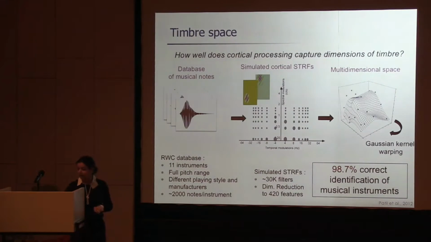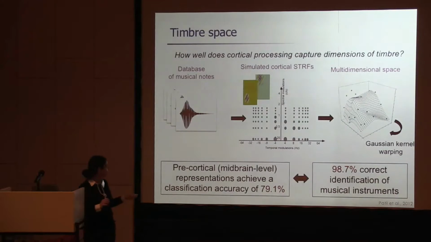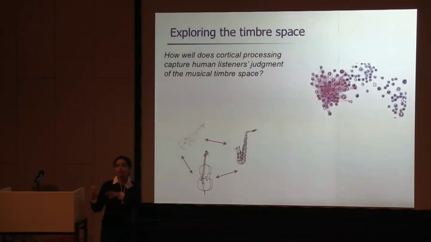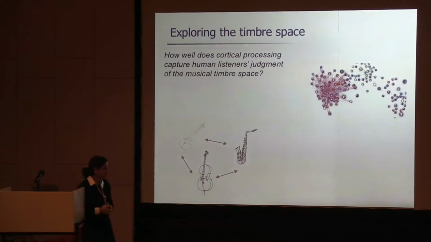Now, just as a side note, when we apply a pre-cortical level representation, we are able to achieve about 80% recognition accuracy. The important point I don't want to finish before getting to is that, as was mentioned in Jeff Ross' talk, a lot of times we choose some features to do recognition, and then we choose maybe different features to try to map this space of distances between musical instruments.